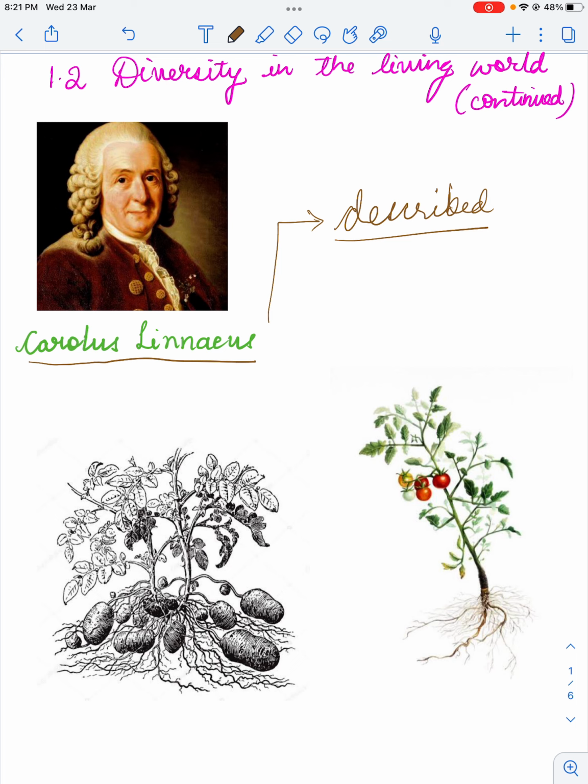Tomato is scientifically called Solanum lycopersicum. Alright, scientifically if I'm writing it separately, underlining them separately.